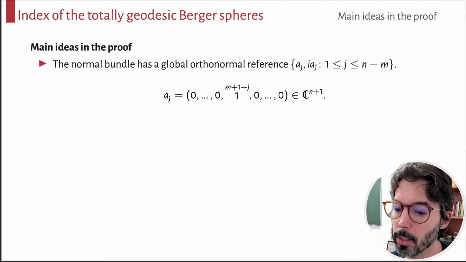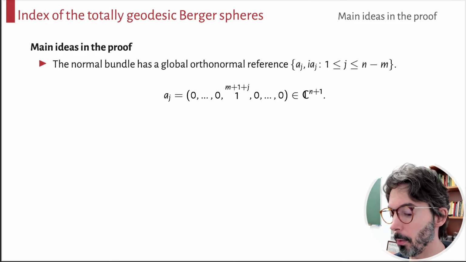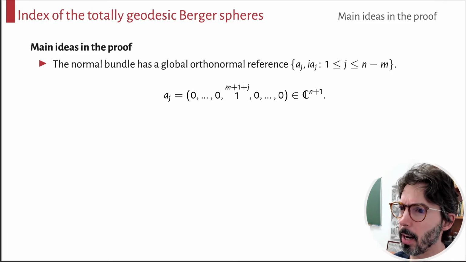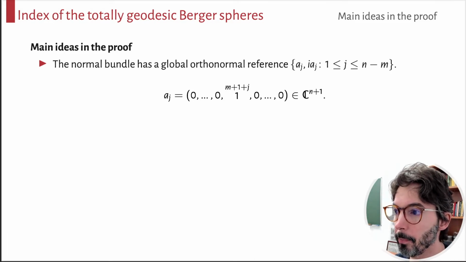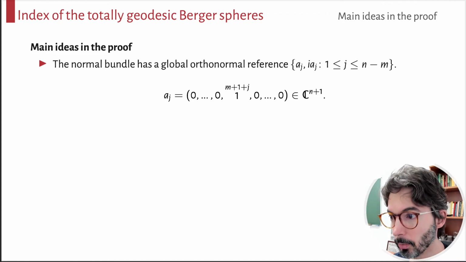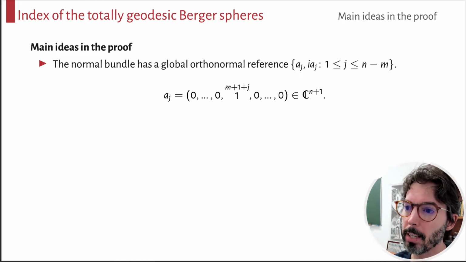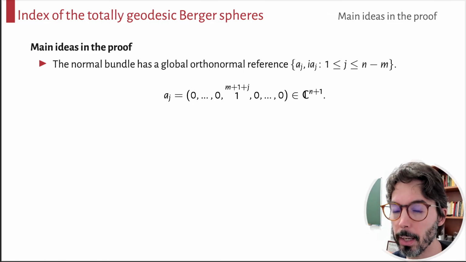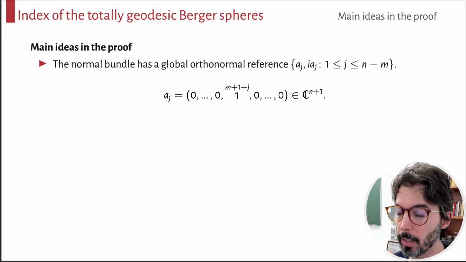The main ideas to compute the index of the totally geodesic Berger sphere are the following. First, the normal bundle has a global orthonormal reference, which is these pairs of AJ and IAJ, I being the complex number in C^(n+1).